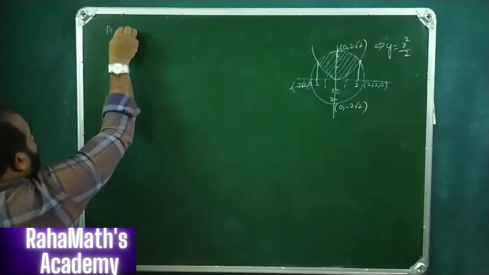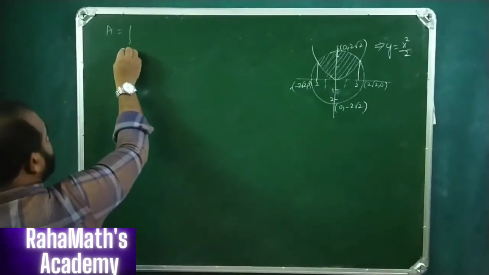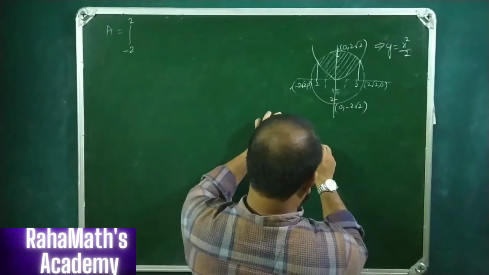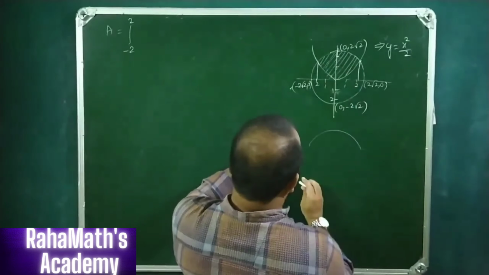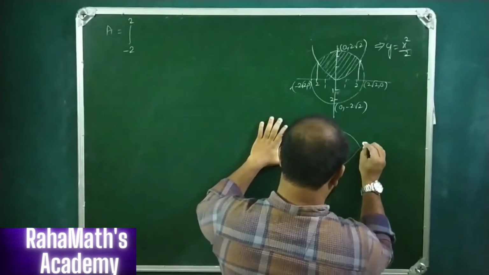Therefore, area is equal to the integral from minus 2 to plus 2. Here, this is the circle and below that is the parabola.